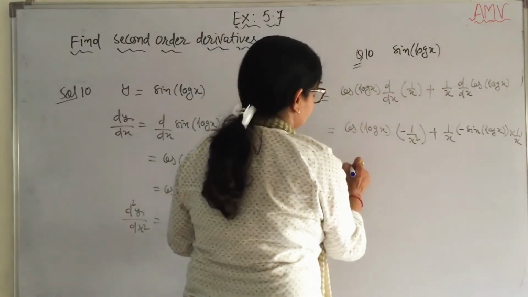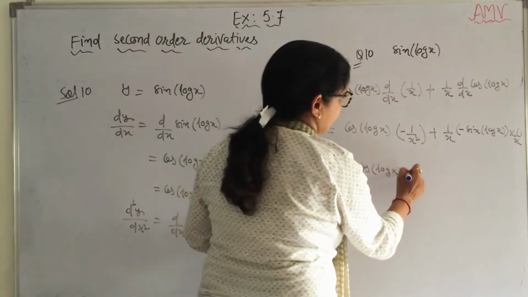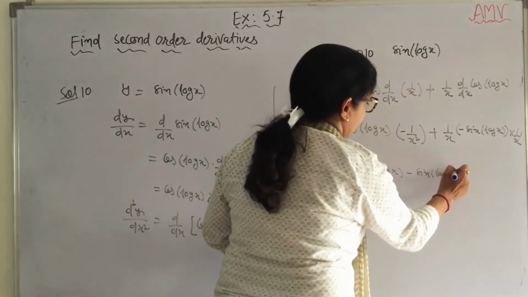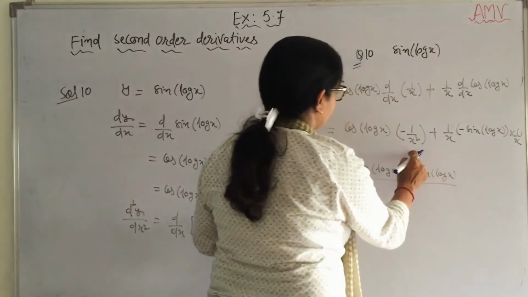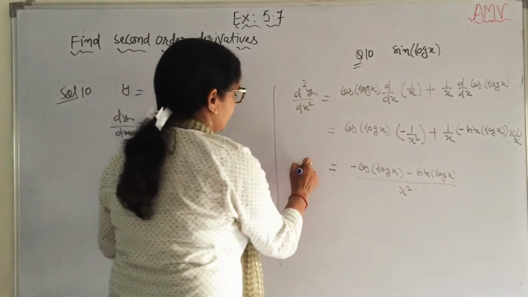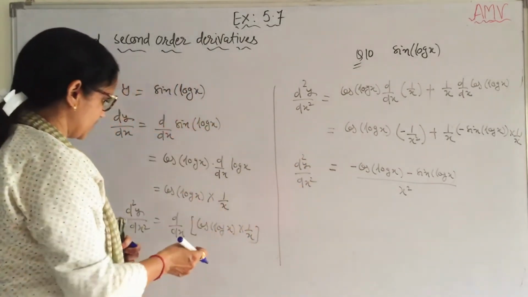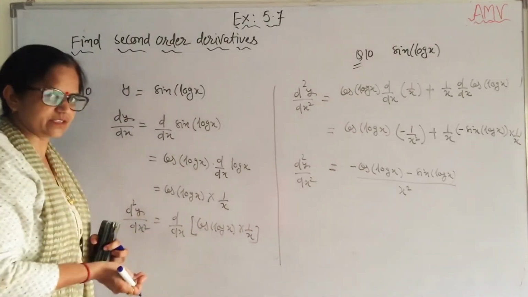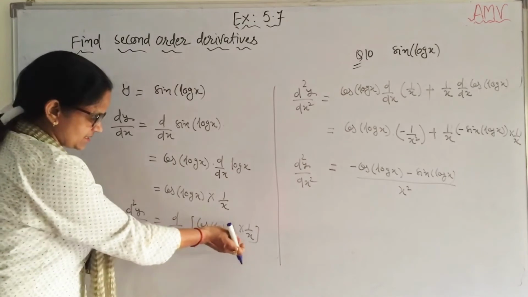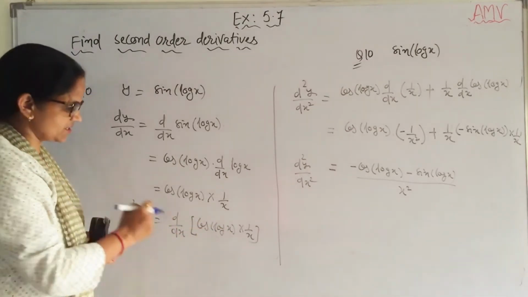So it is minus cos log x minus sin log x, and in the denominator it is x square. Okay, it is second order derivative. Here students, you may apply the division rule also, taking cos log x as f(x), and x as g(x). So apply the f(x) by g(x) rule.